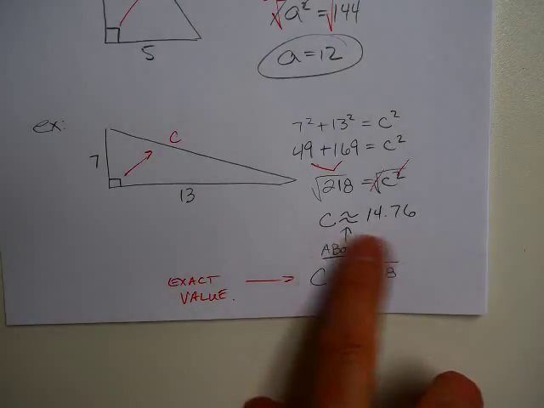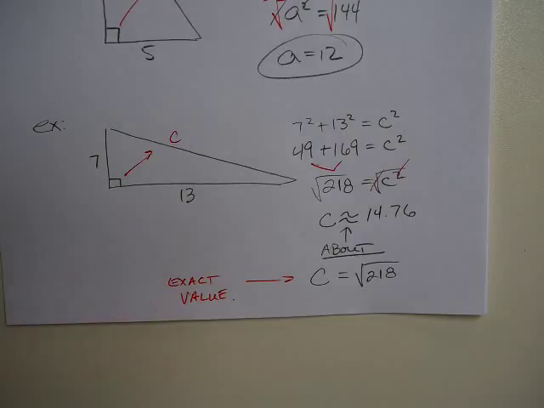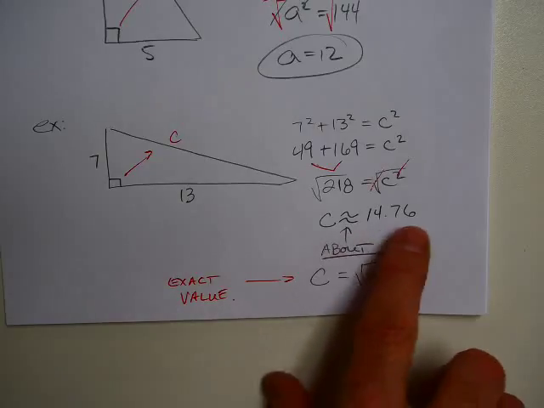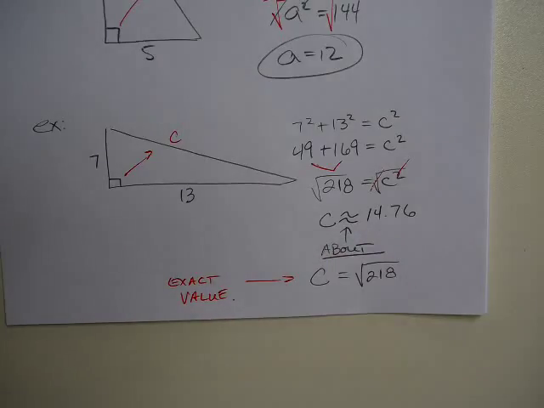So what could I use if I'm talking, let's say, inches here? What's the closest rounding inch there? Or maybe not inch, but fraction of an inch. 14.76 is pretty close to 14 and three-quarters, 14.75.